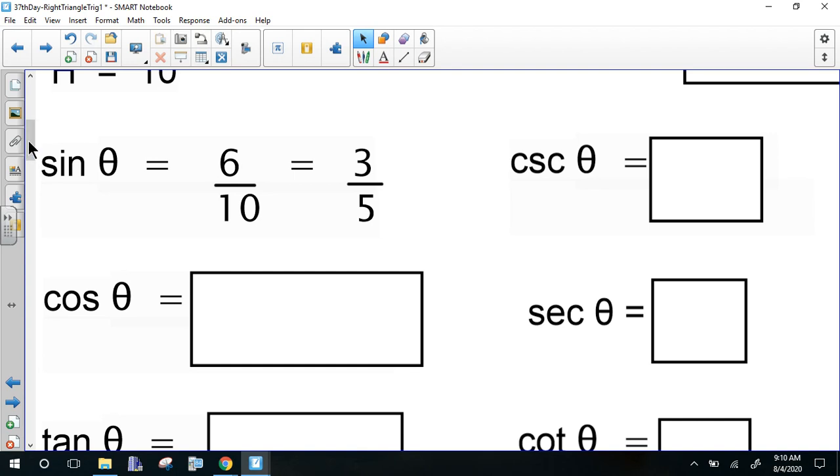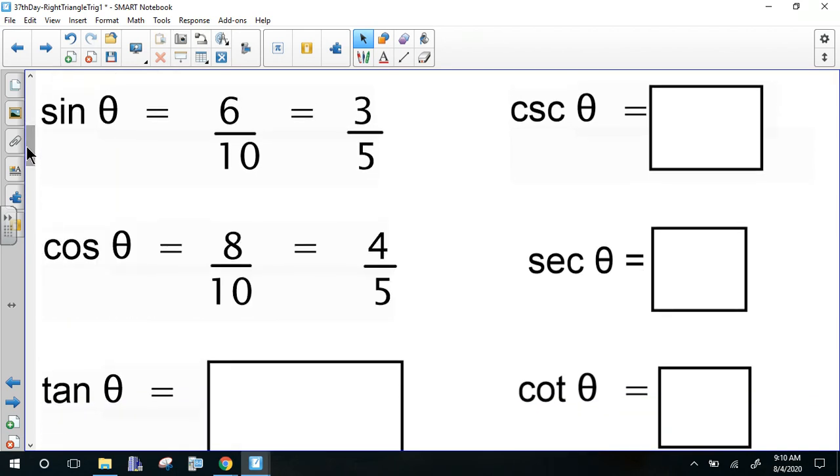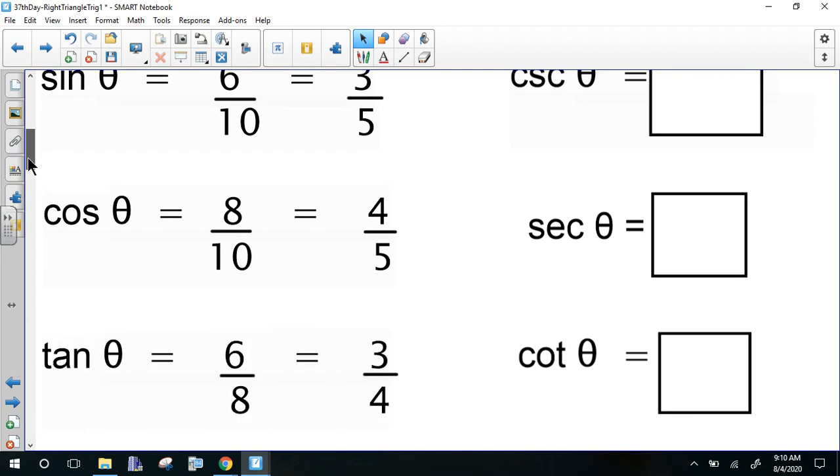Cosine is adjacent over hypotenuse. The adjacent was 8, the hypotenuse was 10. That simplifies to 4 over 5. Tangent is opposite over adjacent. That's 6 over 8, and it reduces to 3 over 4.